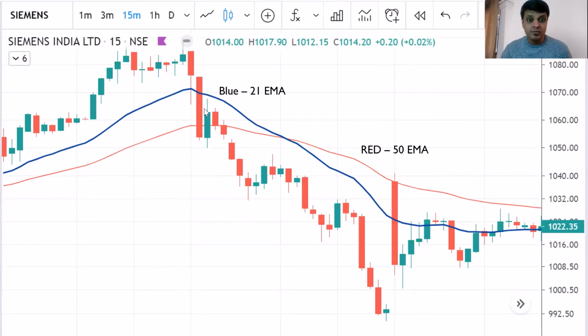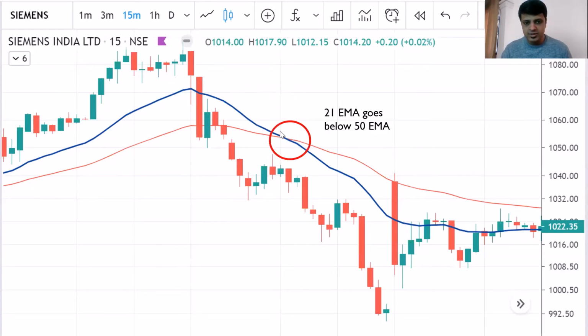All right. But when you see the trend change, okay, look at this. Here you see the 21 EMA goes below the 50 EMA, which means now the latest prices are lower than the average. Okay, that is why it's dipping down. And you can see here, when that happened, the price started moving down from 1040-ish, and it went down, down, down, down. It came all the way here, somewhere around 1000.